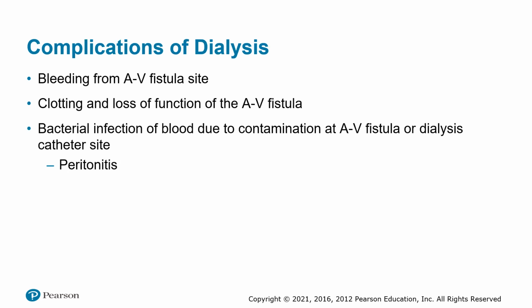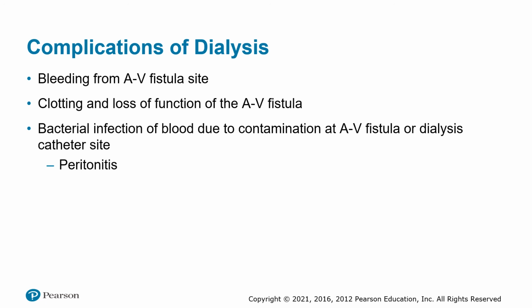So complications: they can have bleeding from the AV fistula site, they can have clotting and loss of function of the AV fistula site, bacterial infection of the blood due to contamination of the fistula or site, and it can cause peritonitis if it's peritoneal dialysis.